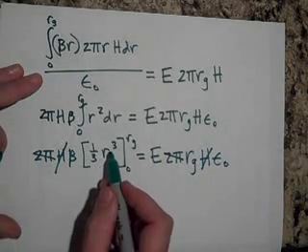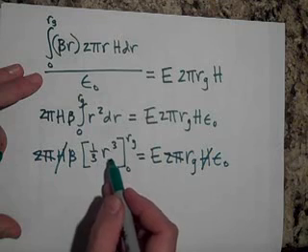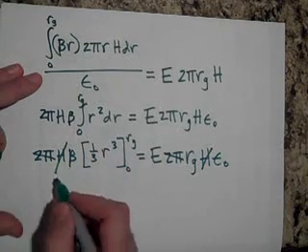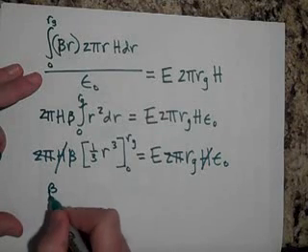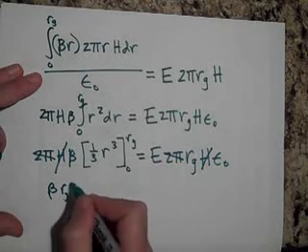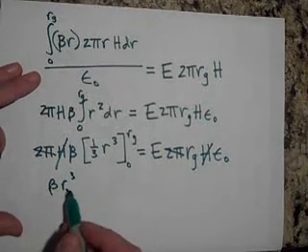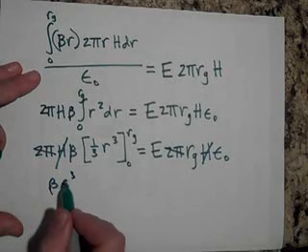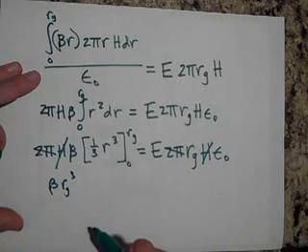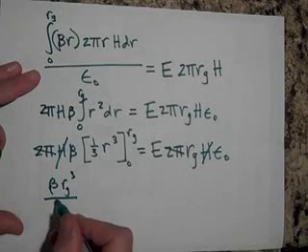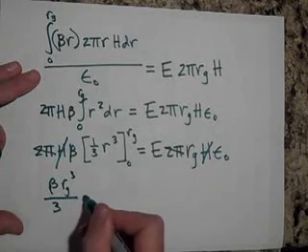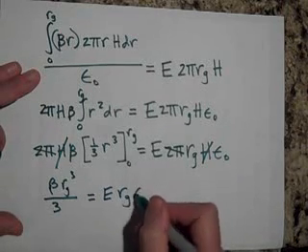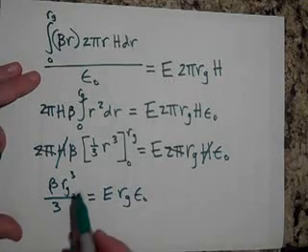If I put in rg, I get that, but when I put in 0, that's going to disappear. So it's just going to be beta rg cubed. What is rg? Rg is the radius of the Gaussian cylinder. So beta rg cubed over 3 is equal to E rg epsilon naught. Did I get all that right?